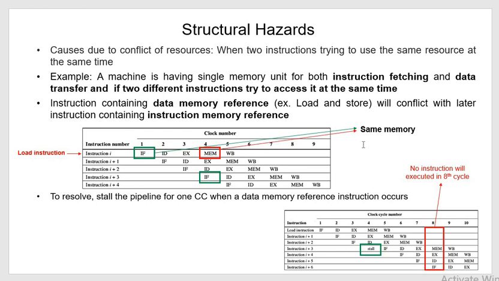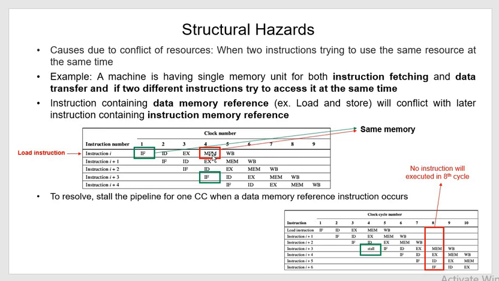Now if we take this example, let's suppose the memory unit which is interfaced with this machine is only one unit, and the processor can access one word from that particular memory at one time. But as per the need of the instruction, what is the need?